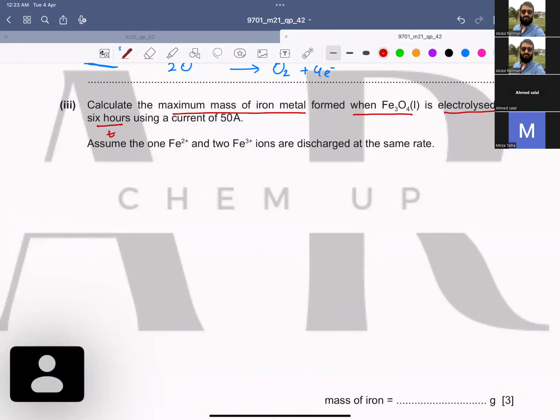So here we are provided with the time and a current of 50 ampere. Assume that one Fe2+ and two Fe3+ ions are discharged at the same rate.